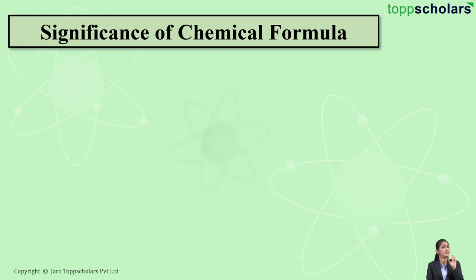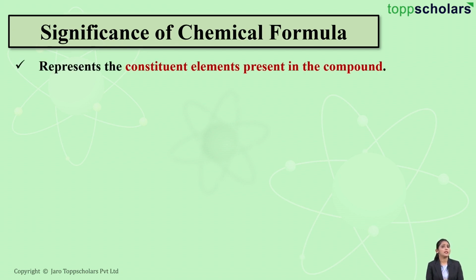Now friends, what is the significance of a chemical formula? Why is it so important to write down a chemical formula for any compound? This is because the chemical formula of any compound represents the constituent elements that are present in the compound. Let's take an example to understand this. Here we have CO2.